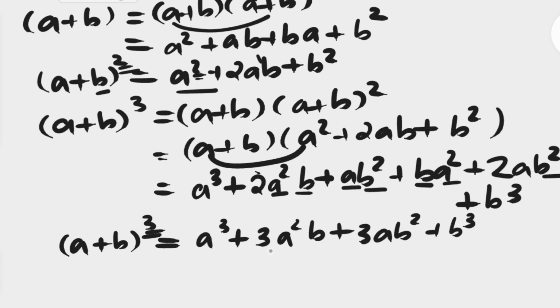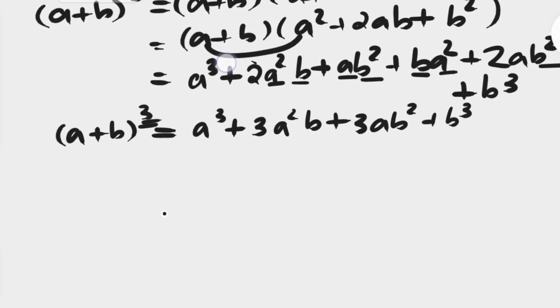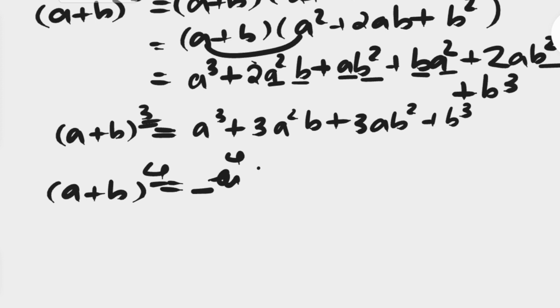So, can you write the expansion of (a+b) the whole raised to 4 without actually expanding it? We don't know anything about the coefficients of these terms, so leave them there. Now, let's try to fill the rest. Here a raised to 4 plus coefficient, we don't know anything about that.